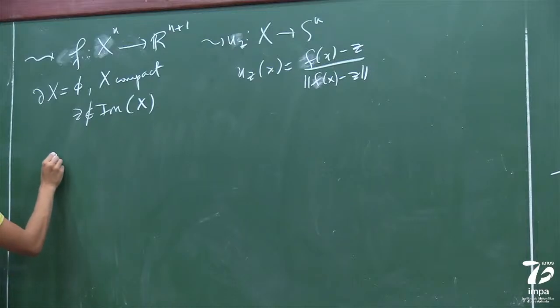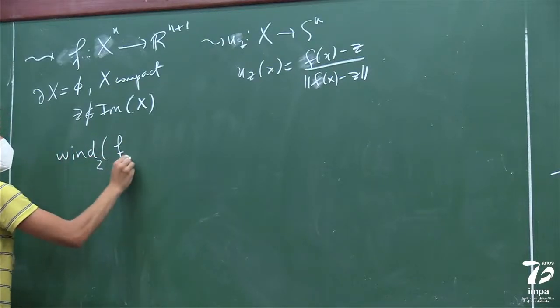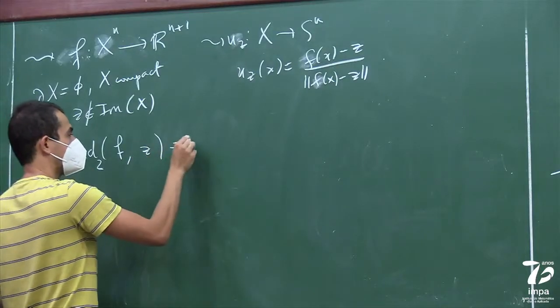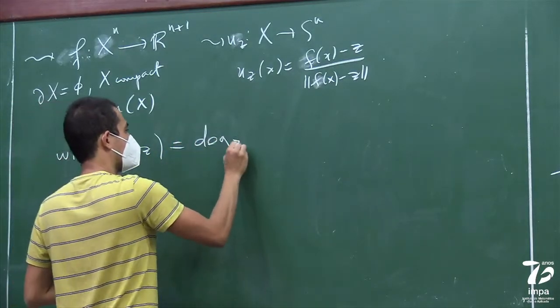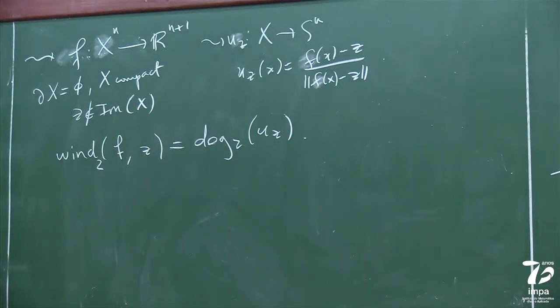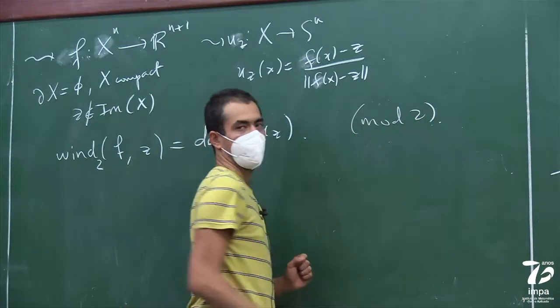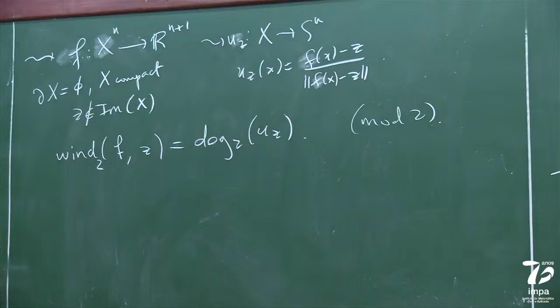And we can define the winding number mod 2 of f with respect to z to be the degree mod 2 of this function u_z. Okay, so it's exactly the same thing as before, but you just don't worry about signs. And you just add everything, and you look at everything mod 2. Okay, so that's the mod 2 intersection theory.